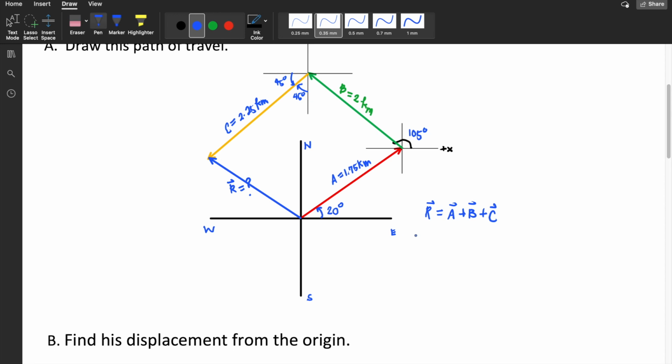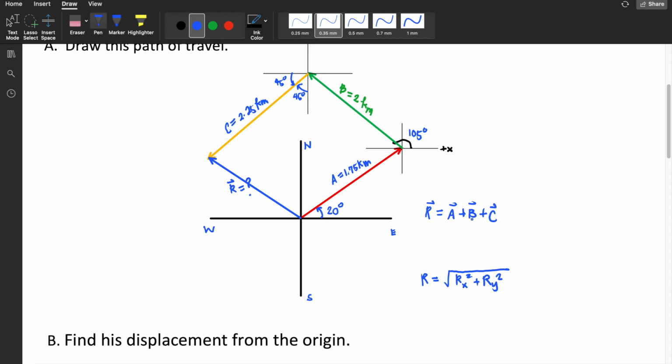In order to find its magnitude and direction, of course, you need to use the Pythagorean theorem for the magnitude of the resultant vector. So r, the magnitude of the resultant vector, is equal to the square root of rx squared plus ry squared. How do you look for your rx and ry?